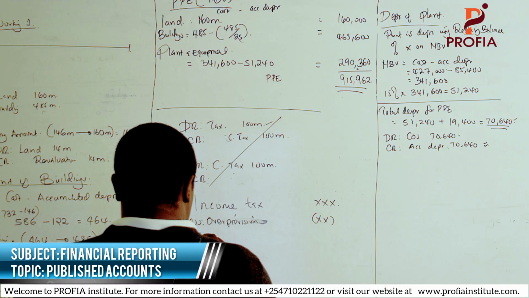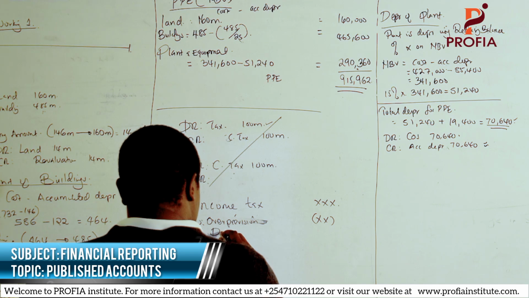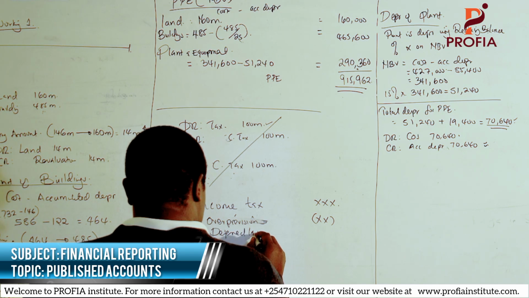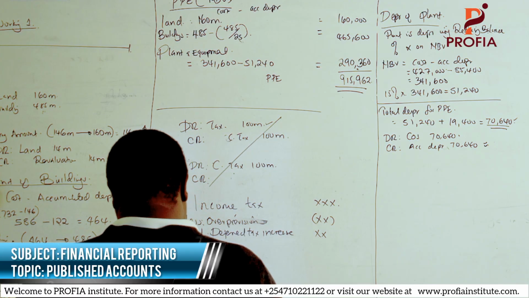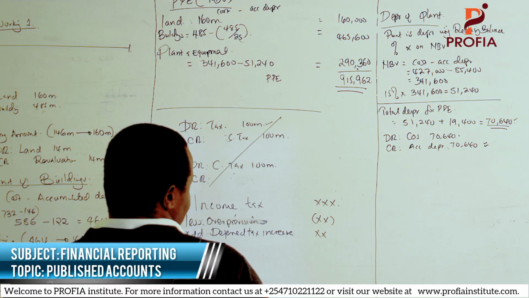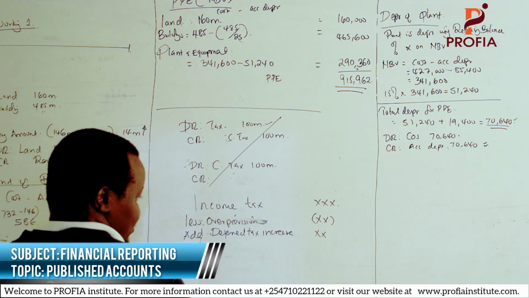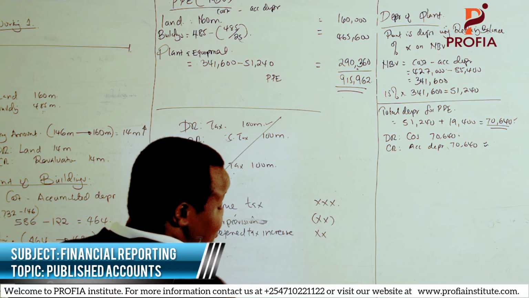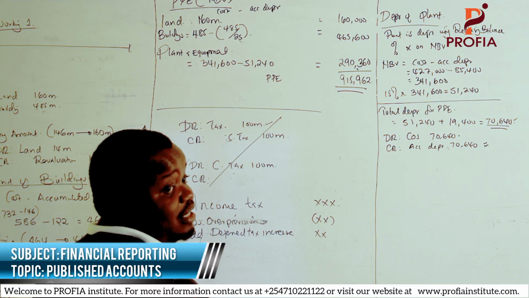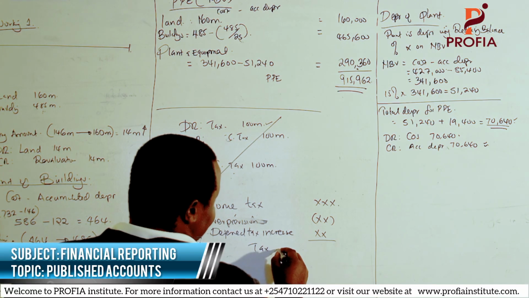Then you add deferred tax increase. The opposite is true. So nikisema less over provision, it means you're supposed to add under provision. Sawa. Nikisema add deferred tax increase, then it means you're supposed to less deferred tax decrease. The opposite is always true. This is what you'll have as your tax expense.